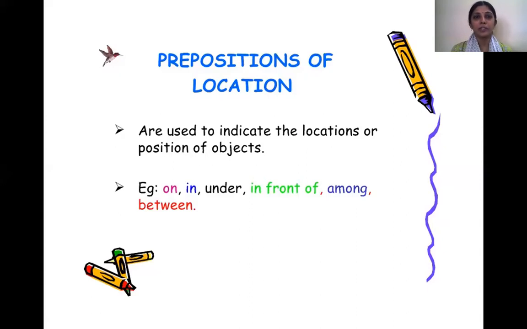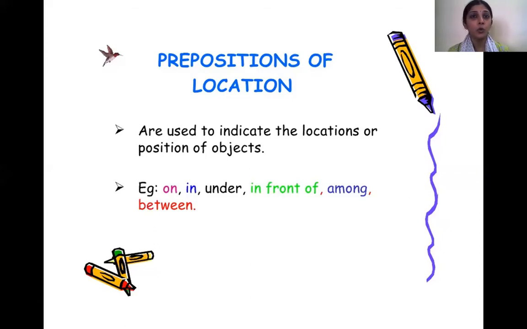Prepositions of location are used to indicate the location or position of objects, where, as I said in my previous session, the things are kept, where they are positioned, where they are located.